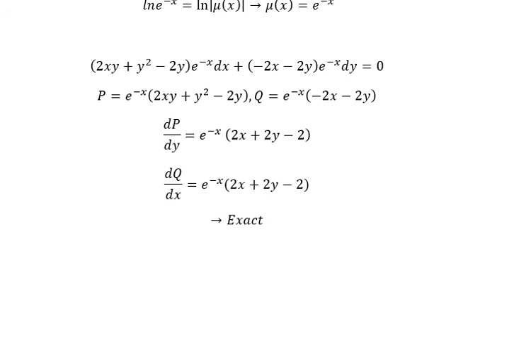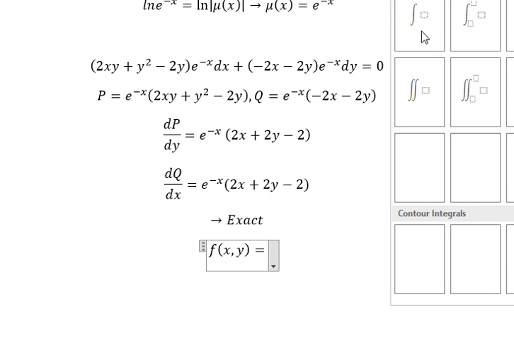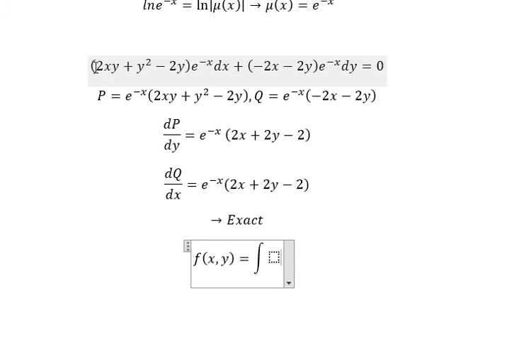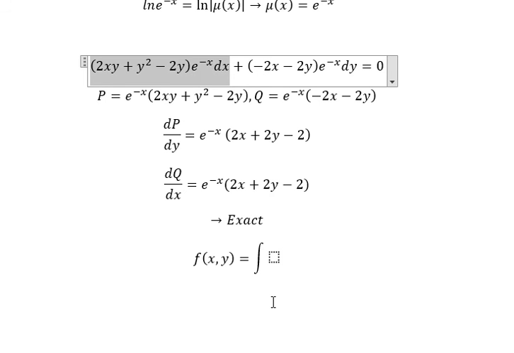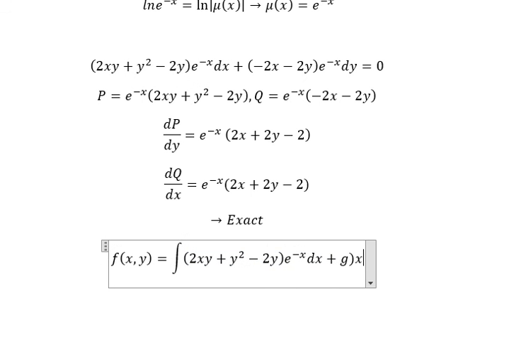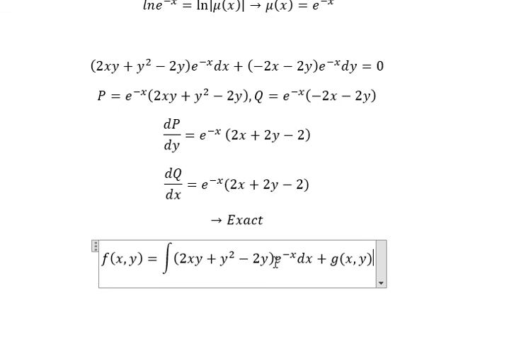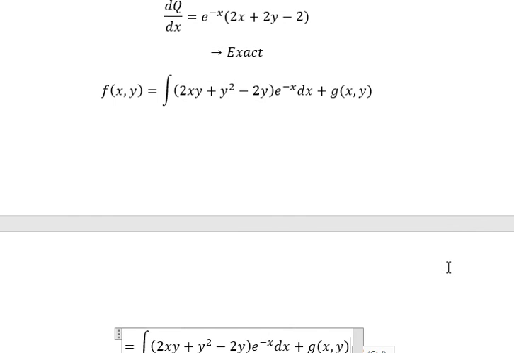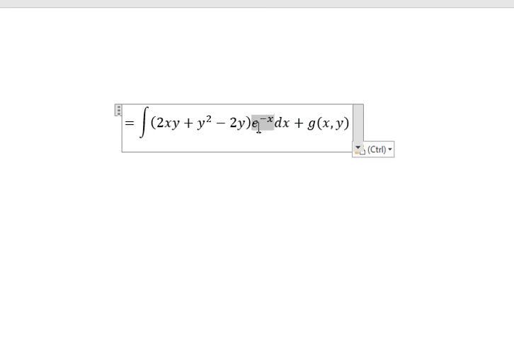So we need to set up about the function f(s, y) equals to the integration. So I will select this one. So we know that e to the power of negative s multiply this one, and this one.